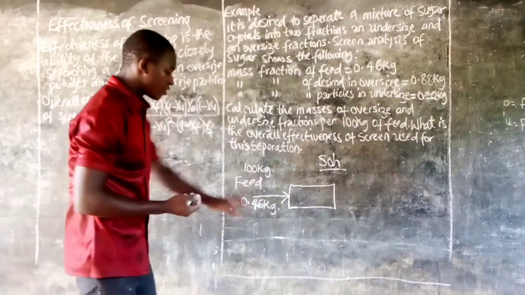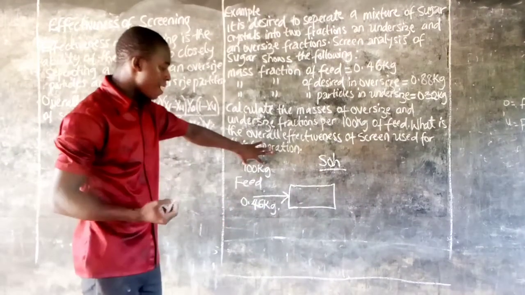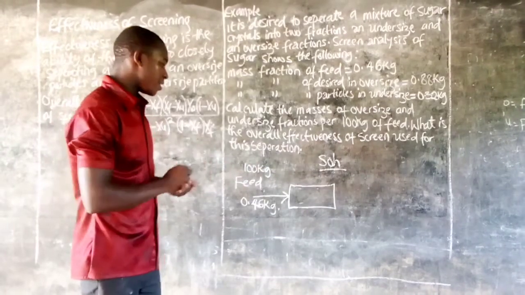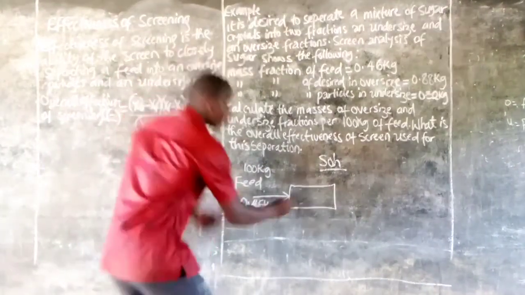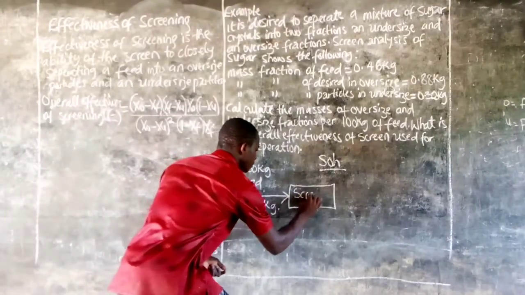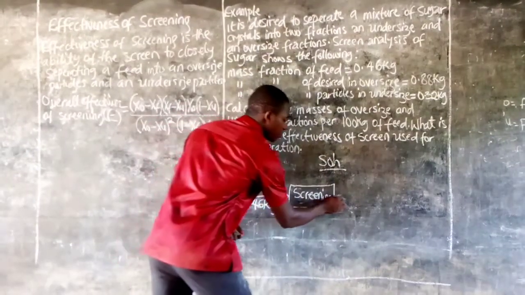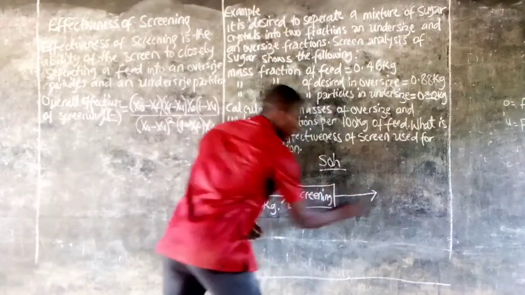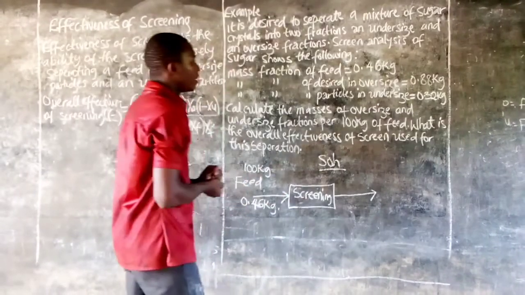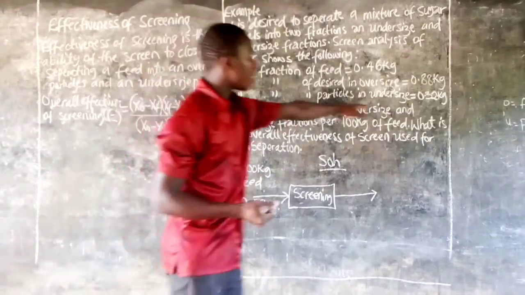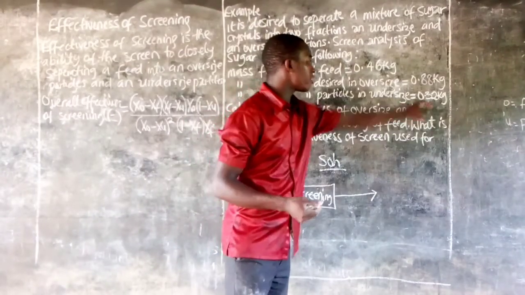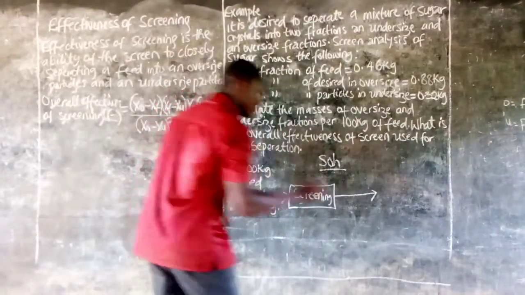When it was screened, they produced the undersized material, which had a mass fraction of 0.32.